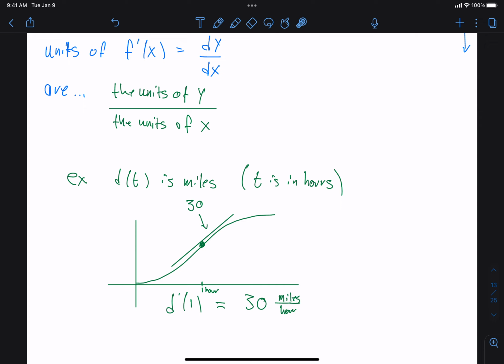Do we feel okay about that? I think it helps if you look at it in Leibniz notation, it kind of makes perfect sense. You have a change in y, your output, over a change in x, your input. Of course, the units are going to be whatever the units of the numerator are divided by whatever the units of the denominator are, right?